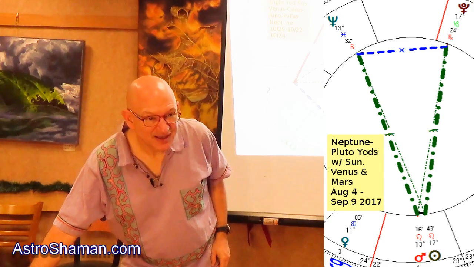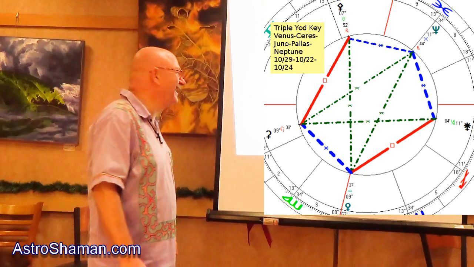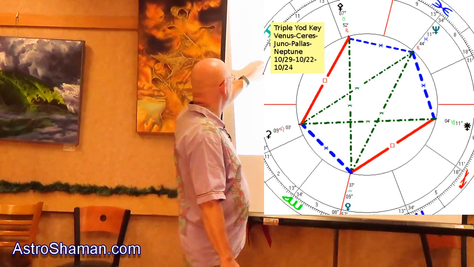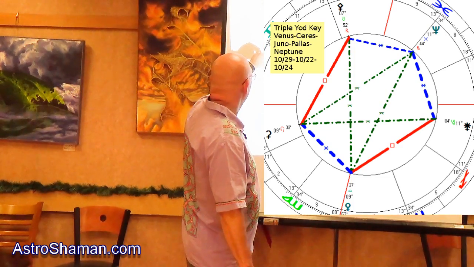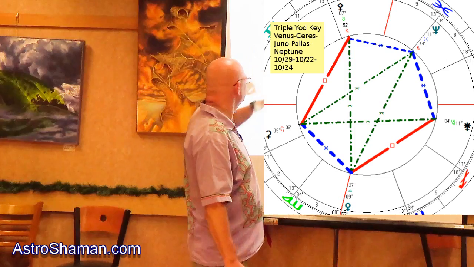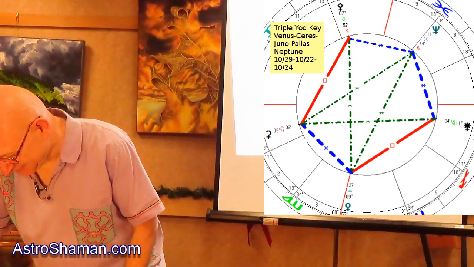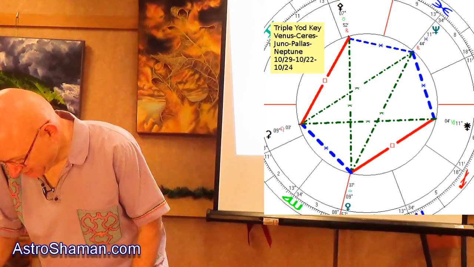All right. Another triple yod key. We got 2. This one is October. Oh, that was a typo. That should be November 24th, I think. So let me see how I messed that up, to see what it really is. Just a second. October 19.